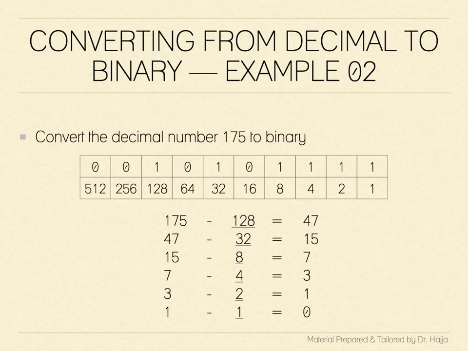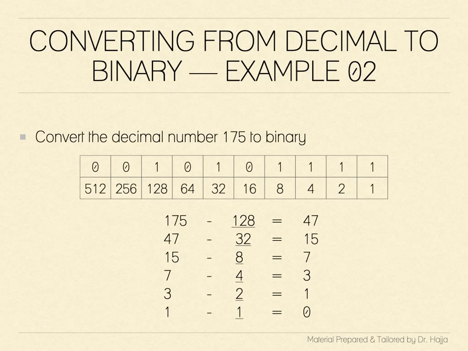We start by finding the largest power of 2 that fits into 175, which is 128. We place a 1 above 128 in our table. Subtracting 128 from 175 leaves us with 47. The largest power of 2 that fits into 47 is 32. So we place a 1 above 32. Now we subtract 32 from 47, leaving us with 15.